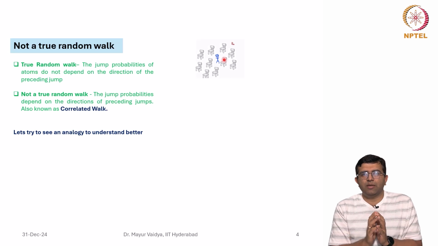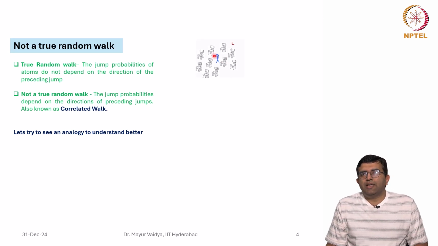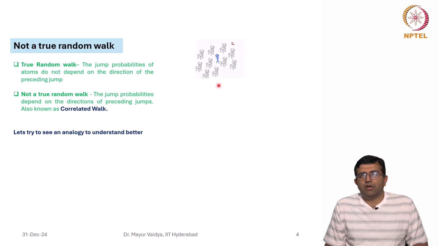Now you see that this person has so many options. He can go to any of these vacant chairs. So let's say at the next instant he has chosen to be at this particular chair. Still, if he sees around, he has a lot of vacant chairs near to him. So at that next instant, he chooses this chair.